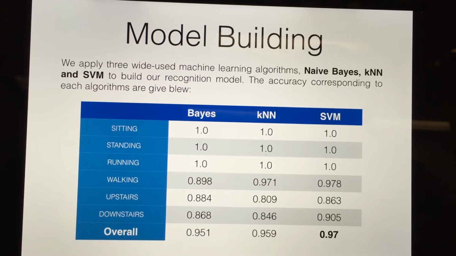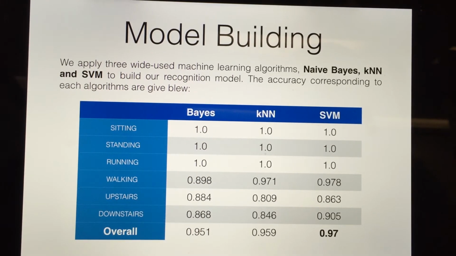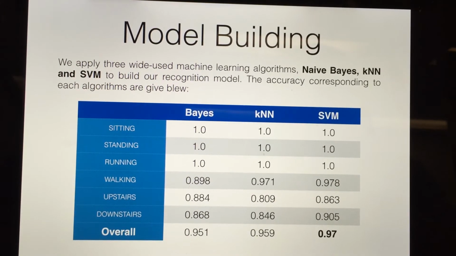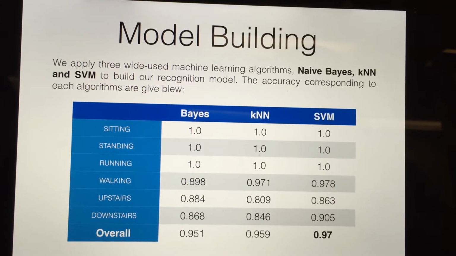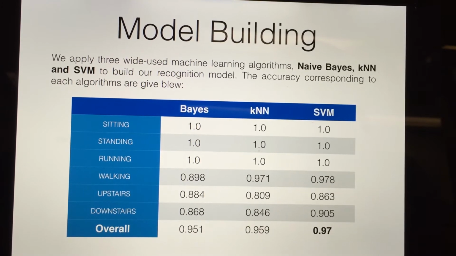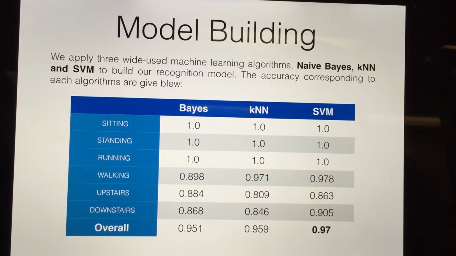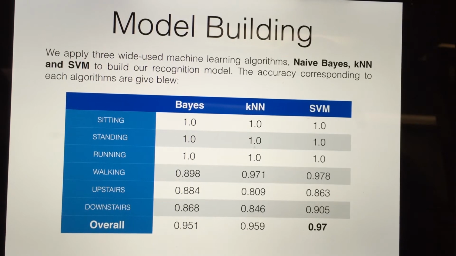We mainly use 3 machine learning algorithms, naive Bayes, KNN, and SVM, to build our classification model. The accuracy of each algorithm can be found in the chart. We can see that SVM has the highest accuracy, so that's why we use it as our machine learning algorithm to build our model.